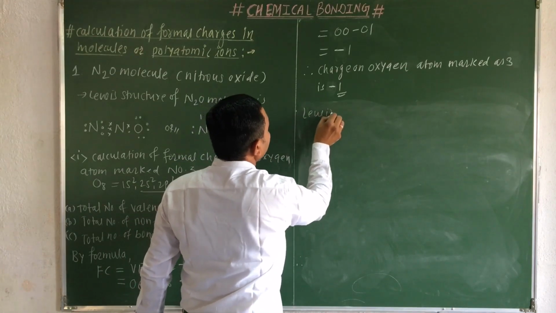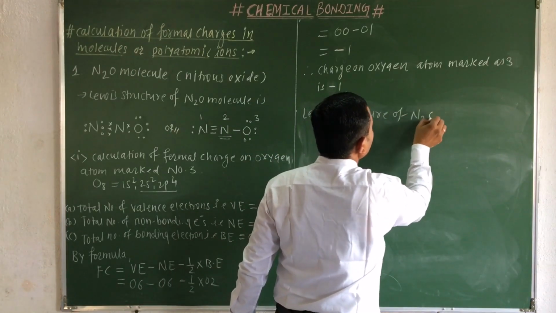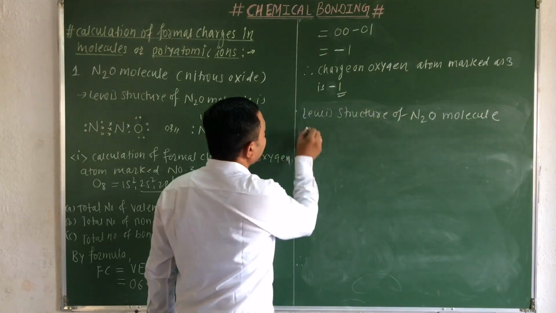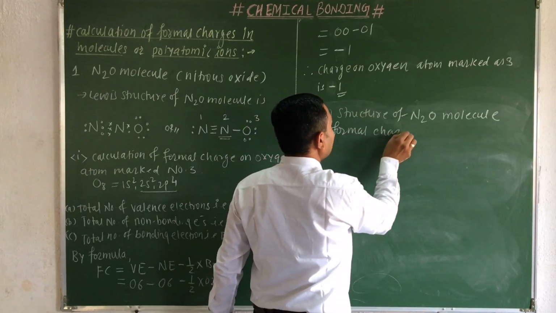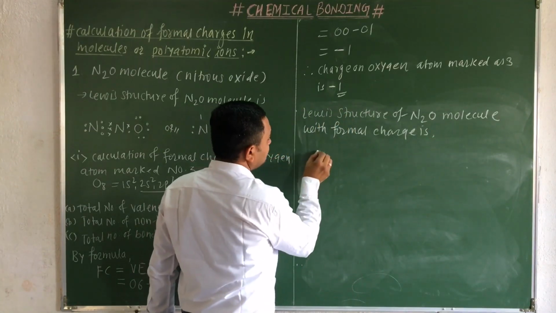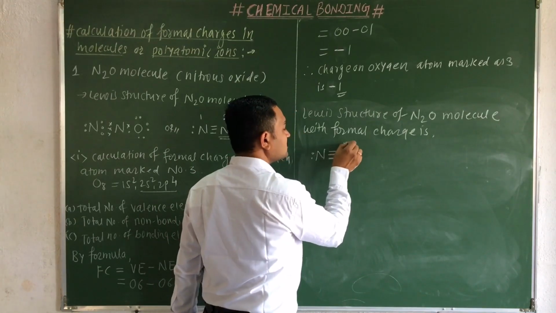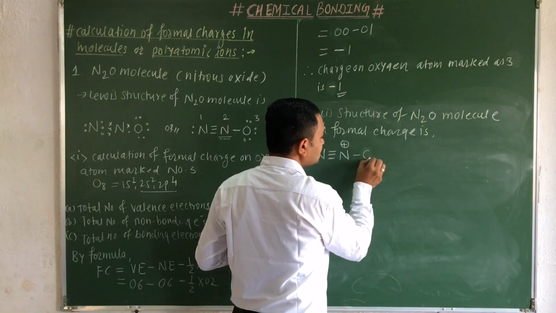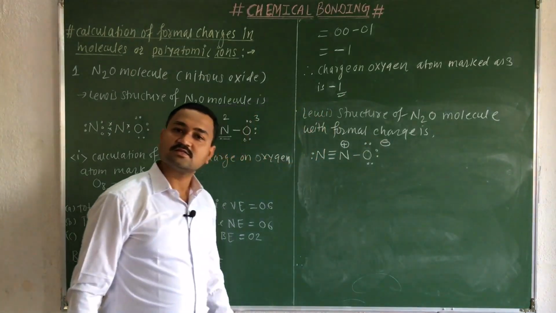So the Lewis structure of N2O molecule with formal charge is: N with the lone pair of electrons with the triple bond, and we know that the nitrogen atom, which is marked as number 2, has the 1 positive charge, and the oxygen atom bonded to it with the 3 lone pairs of electrons has the minus 1 charge.